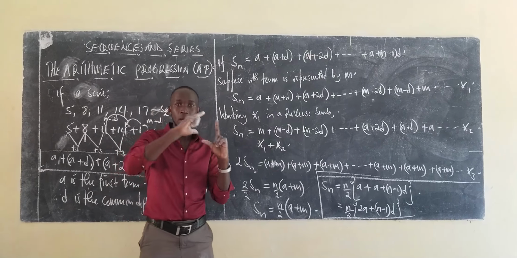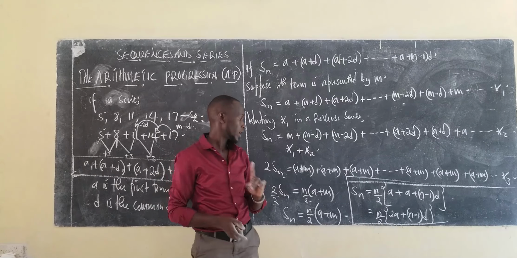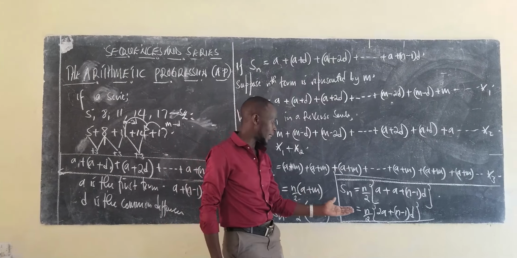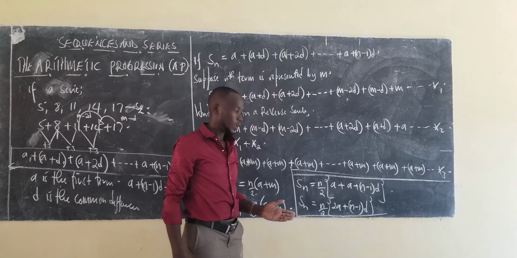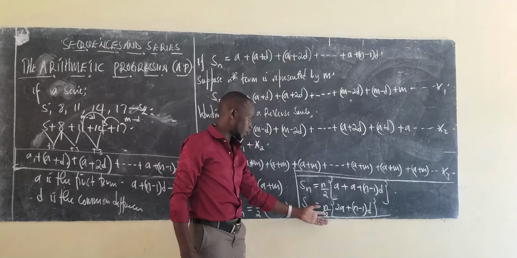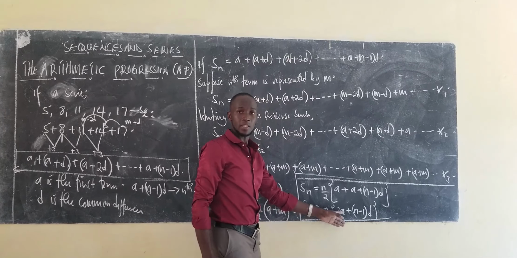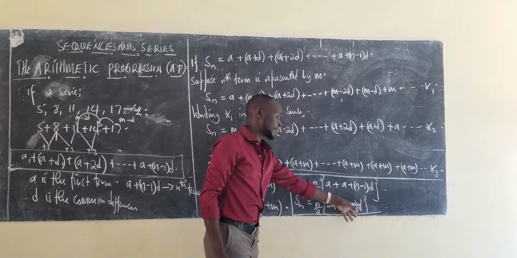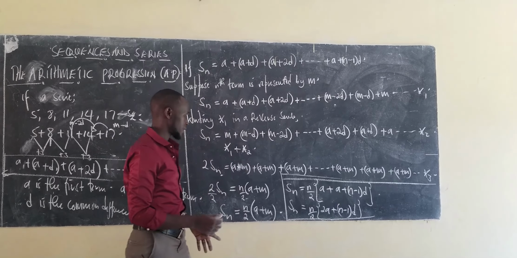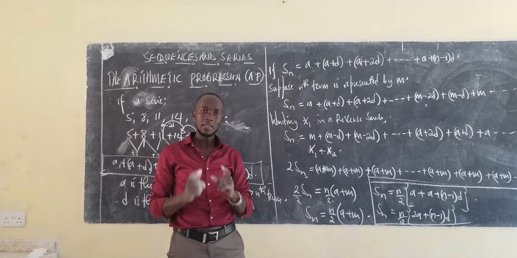We talk about addition and subtraction only, but not multiplication and division. So wherever you need the sum of the first n terms that you don't know, you just use the formula n over 2 into bracket 2a, 2 times the first term, plus n minus 1 times the common difference. For this tutorial, for this session, that is that.